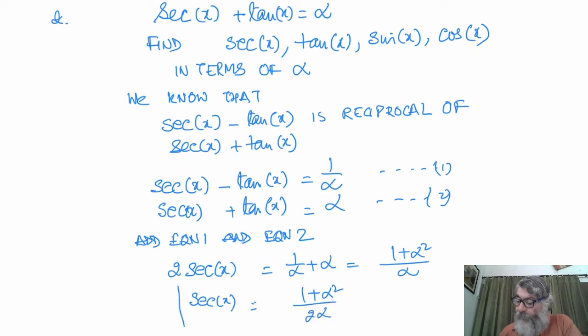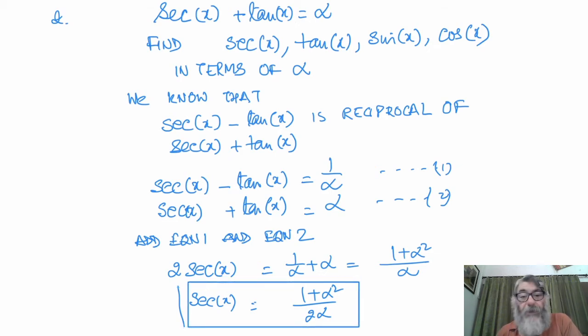Is that clear or not? So we got sec x is equal to 1 plus alpha square upon 2 alpha.